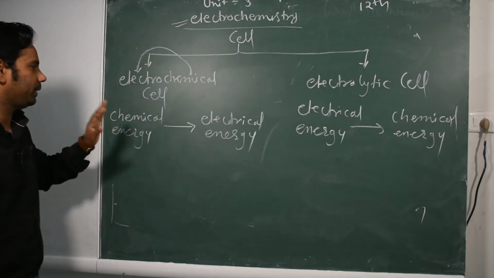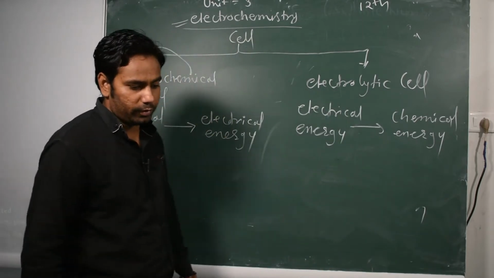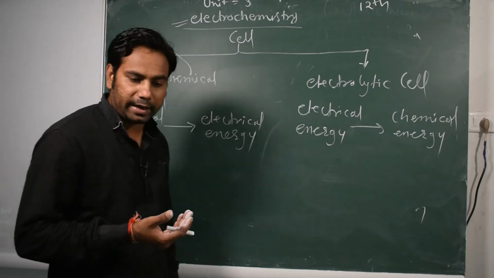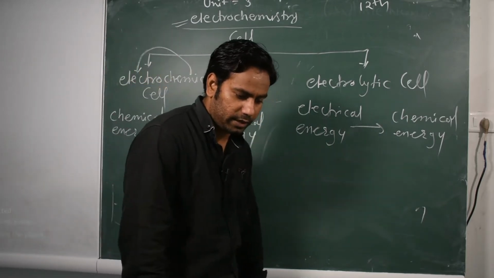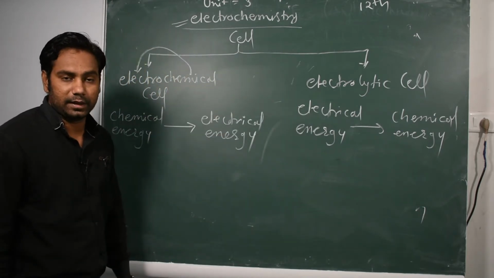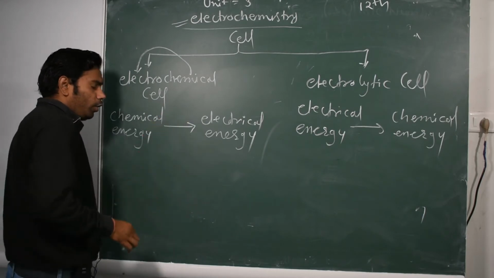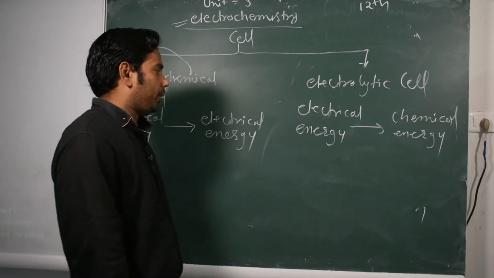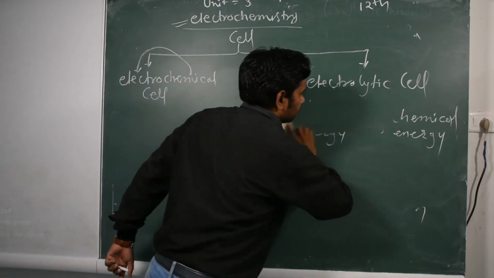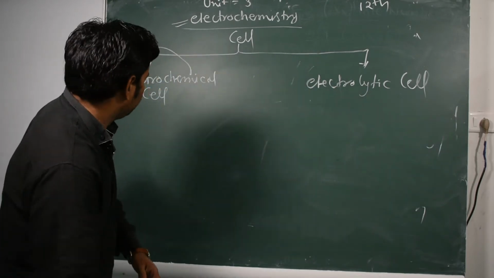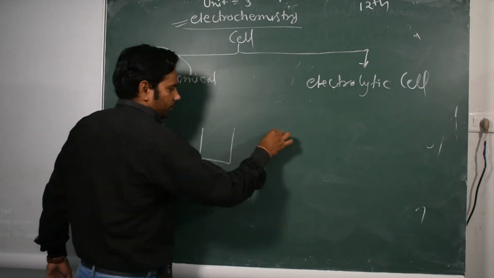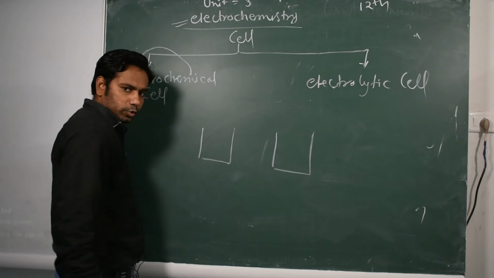The electrochemical cell also has other names, such as galvanic cell and voltaic cell. Now we discuss the construction of the electrochemical cell. In it we have two different containers with different electrolytic solutions.